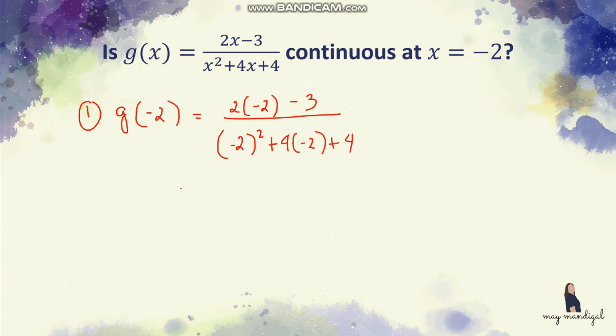Now let's simplify this. 2 times negative 2 is negative 4, minus 3, so that's negative 7. And the denominator will be 4 minus 8 plus 4, that will give us 0. So after substituting negative 2 into our function, what we obtain is undefined. So what does it mean? This means that g of negative 2 does not exist.